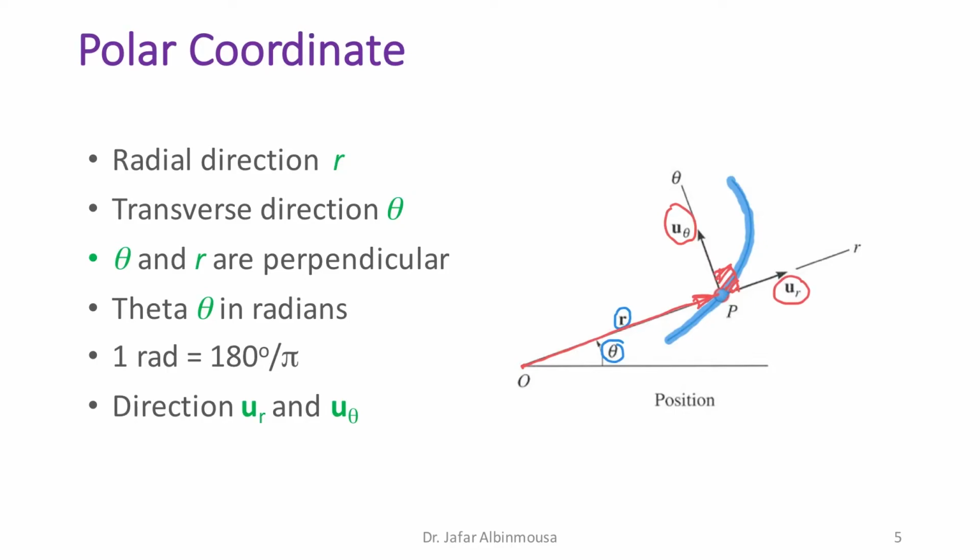So transverse direction points toward the direction of the rotation, while the radial direction points toward the radial position of the particle from the origin. So theta is usually measured in radian, and don't forget that 1 radian equals 180 degrees divided by pi.